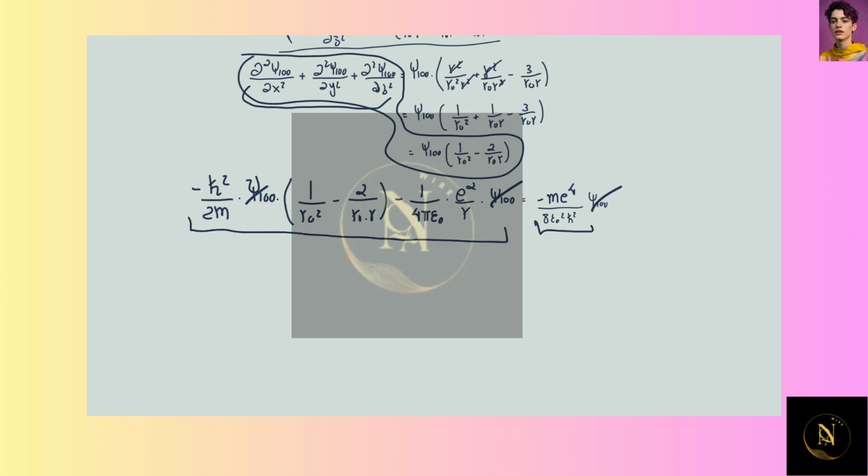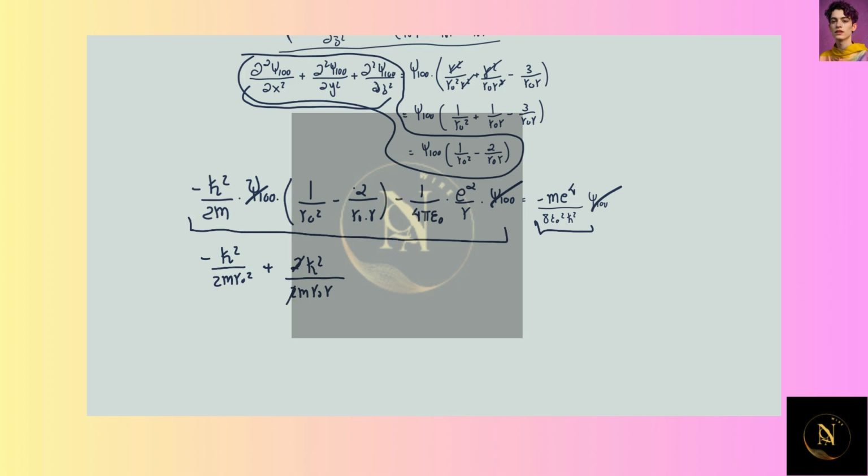So let us massage the left side. Minus h bar squared divided by 2m r0 squared plus 2 h bar squared divided by 2m r0 times r.